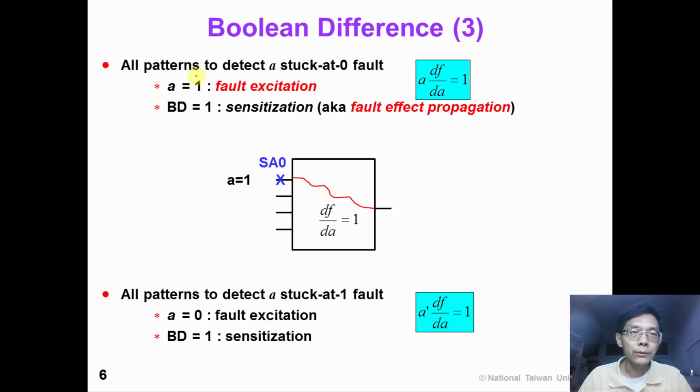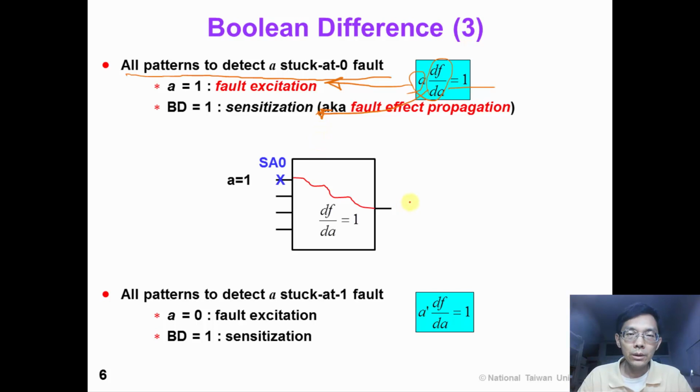So if we want to find all the test patterns to detect input A stuck at 0, we should have A times df/dA equal to 1. The former term, A equal to 1, means fault activation. The second term, Boolean difference equal to 1, means sensitization or fault effect propagation.